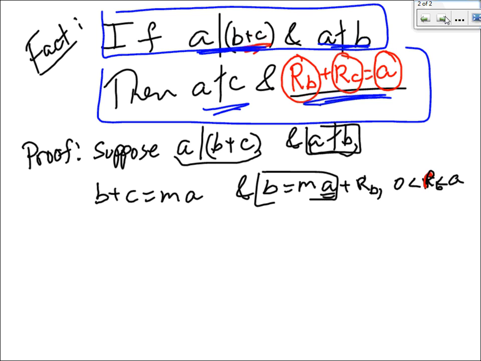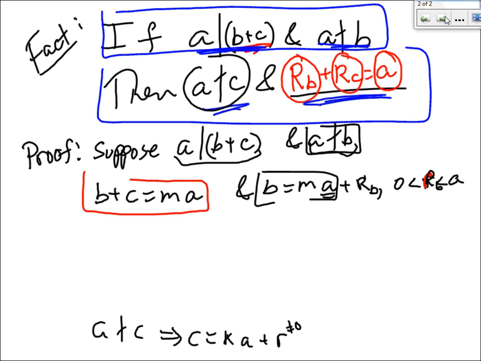Now I want to show that A does not divide C, I meant to say. That means that C is a multiple of A plus a remainder, which is not 0. Well, I have two equations. I have this equation and this equation.